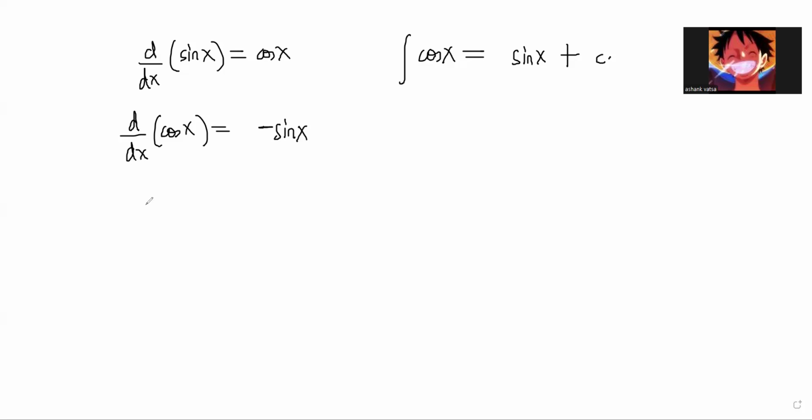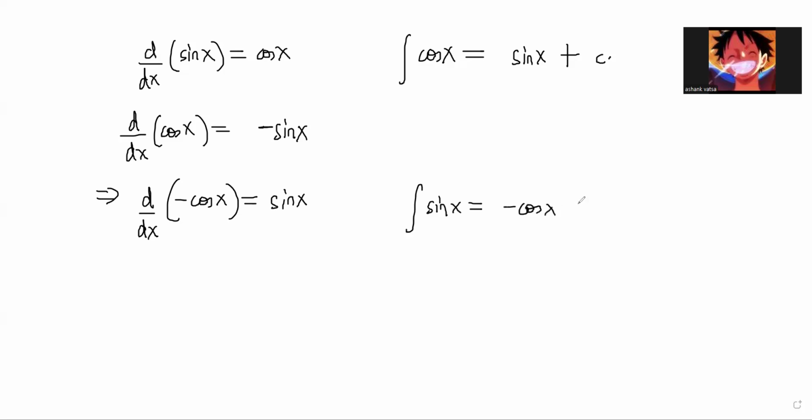So from here, derivative of minus cos x would have been sin x, because the constant is just going to be there, it doesn't matter. So integral of sin x is equal to minus cos x plus c, the opposite operation, right?